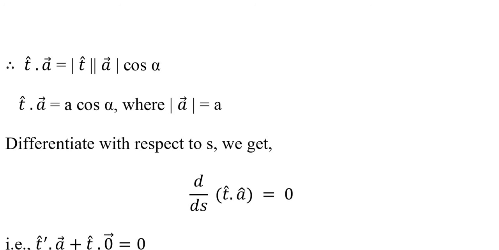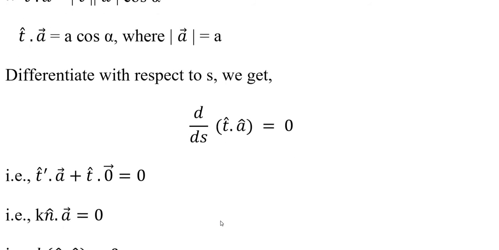Now we are going to differentiate this with respect to s. So we write d by ds of T cap dot A equal to 0, because here the parameter is s and cos alpha is a constant. Expanding, T cap dash dot A vector plus T cap dot 0 equal to 0.